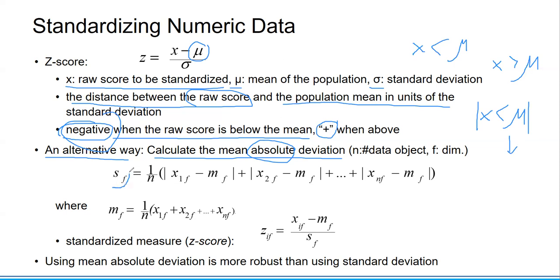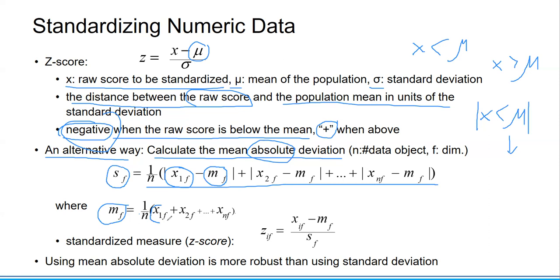So we have the function s_F, and it will be this formula. The raw data or the raw score will be subtracted with the m. M is the mean.